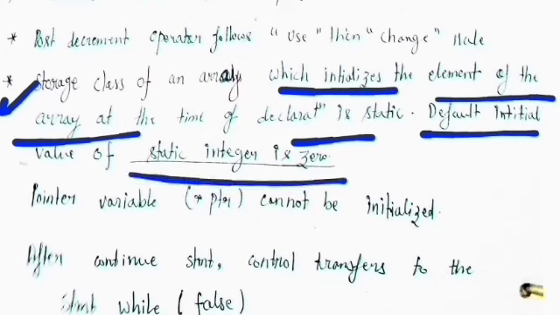Means if any integer is not given an initial value, then by default we assign the value of static integer as 0. And a pointer variable like *ptr can't be initialized. We know that a pointer variable should never be left uninitialized, as it is going to give garbage values.